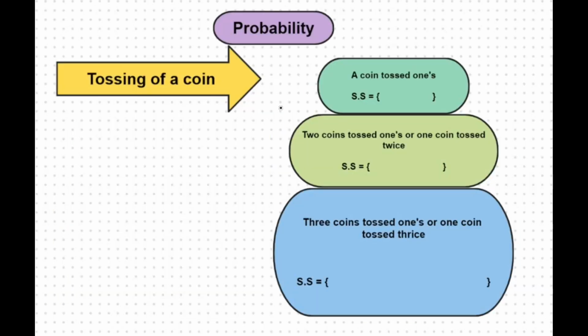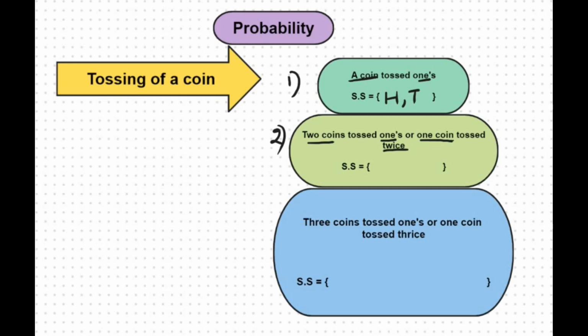Let's see how to write the sample space for tossing of a coin. The first case where a coin is tossed once. If a coin is tossed once, then either a head shows up or a tail shows up. The second case where two coins are tossed once. Remember that two coins tossed once is the same as a single coin tossed twice.